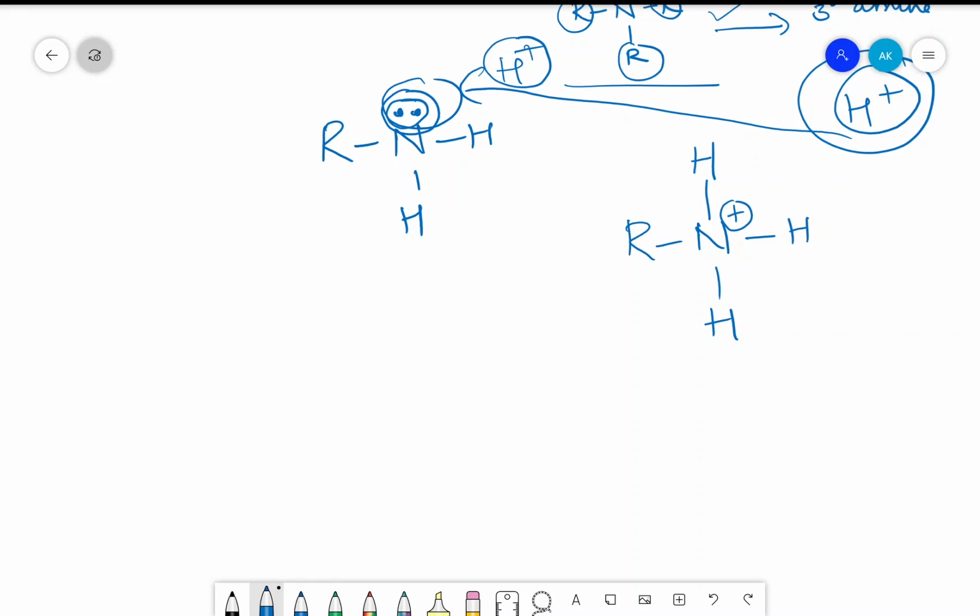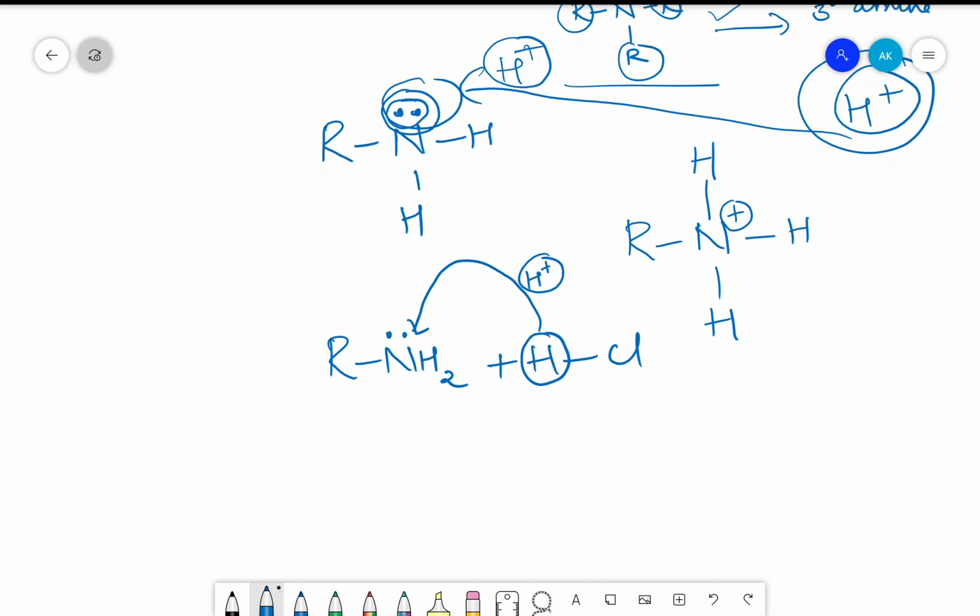So if we are trying to generalize the reaction here, we can write down R, N, H2 with the lone pair representation on nitrogen, which is going to react with HCl. Here the hydrogen will be transferred to the nitrogen in the form of a proton, and the lone pair is actually helping in the formation of a bond.